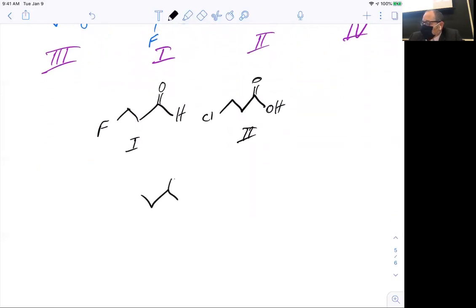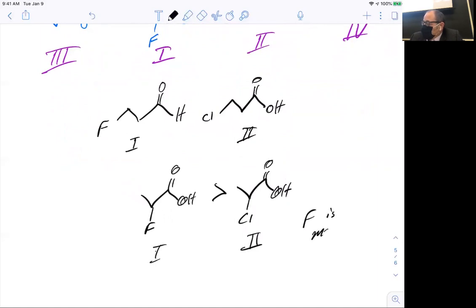And if we look at the one, this is still more acidic than this one because the fluorine is more electronegative. Right, so it pulls more electron density to itself. So therefore it has a bigger inductive effect. Okay.